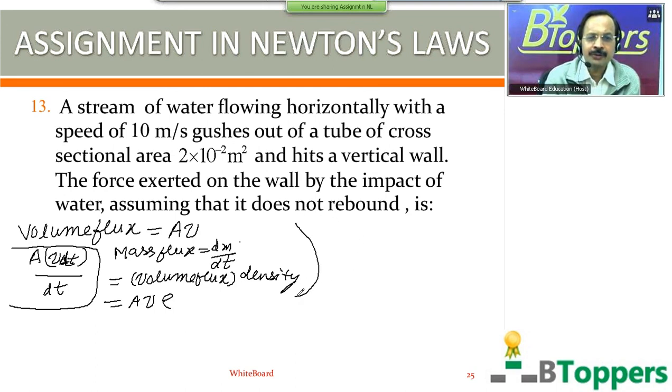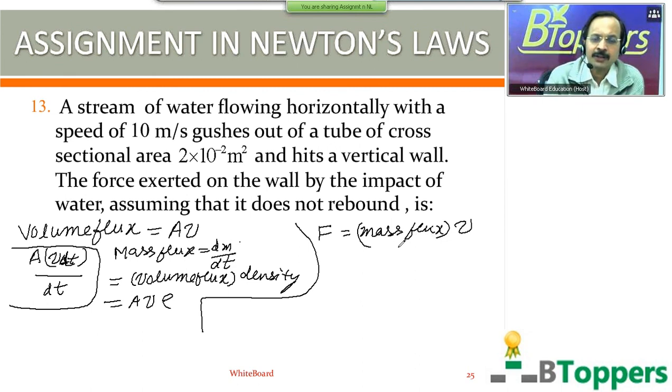So the force is equal to rate of change of momentum. The force exerted by the pipe on the water that comes out of the pipe is equal to rate of change of momentum, that is equal to mass flux into velocity.